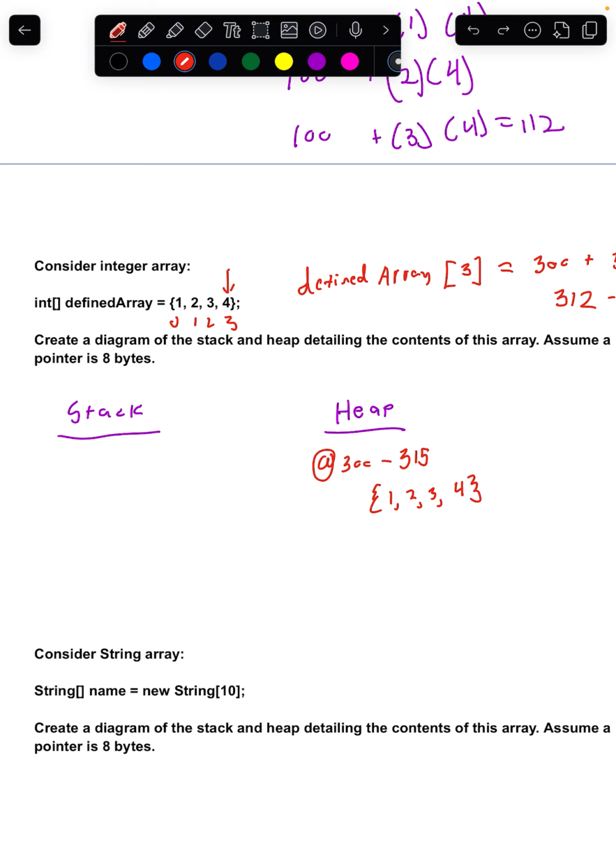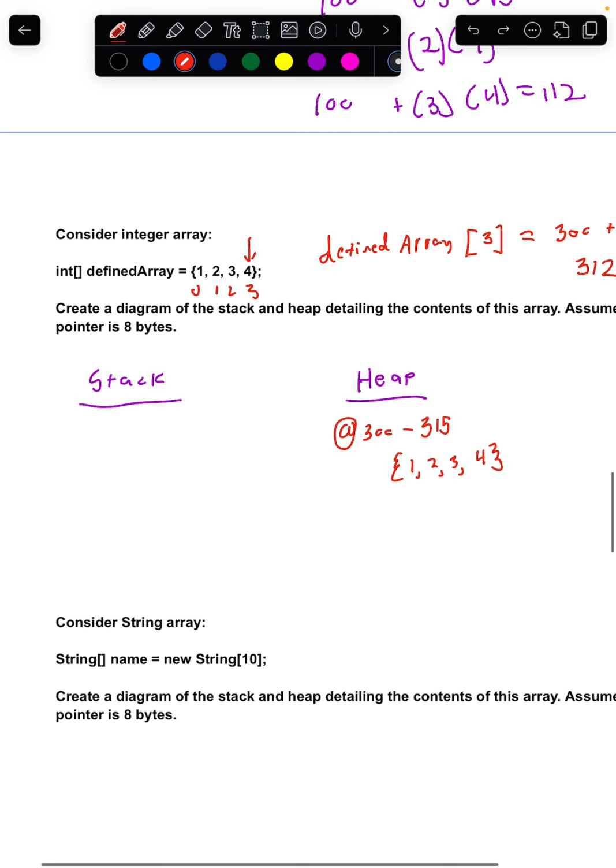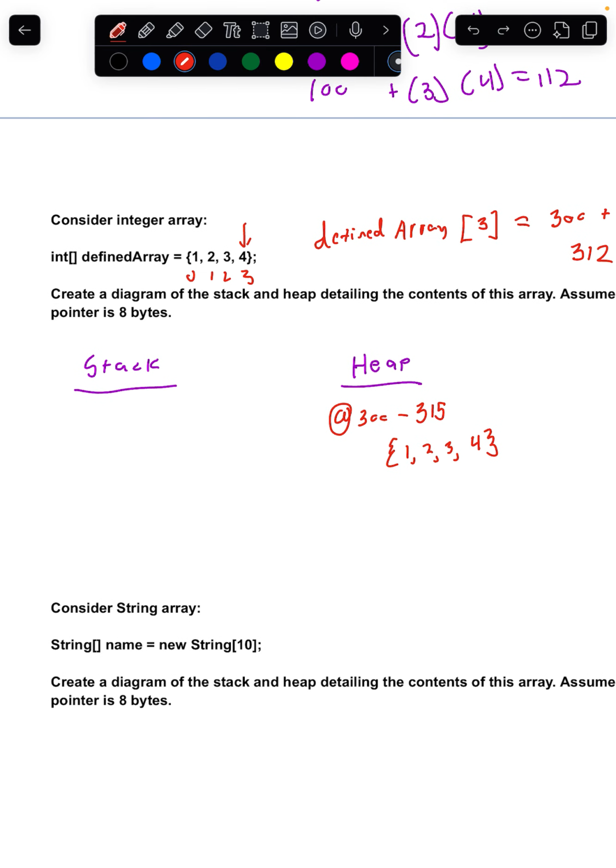So we need a way to reference, or have a pointer to, exactly where this whole array situation is living. So let's just say we have a pointer here. So, defined array equals 300.